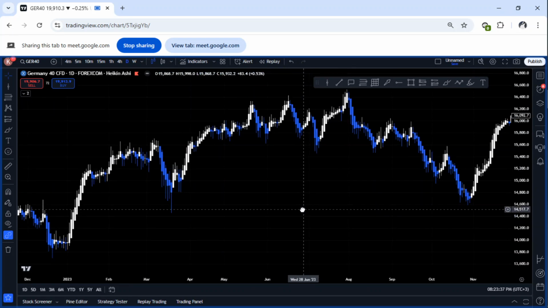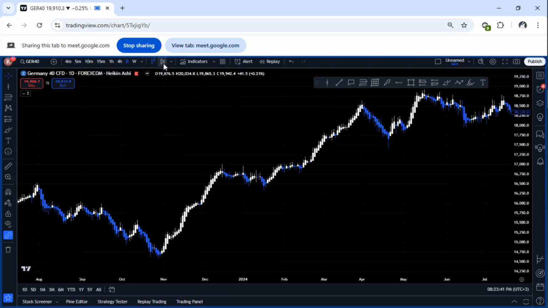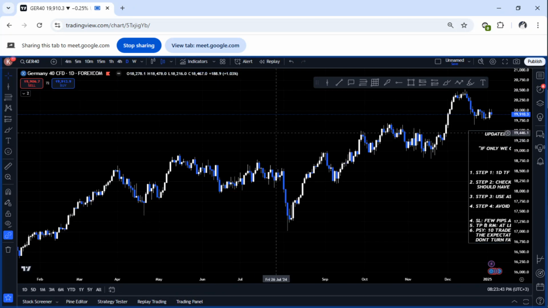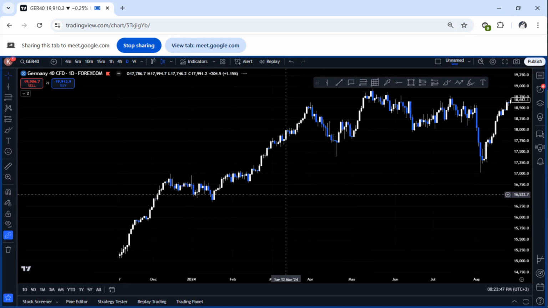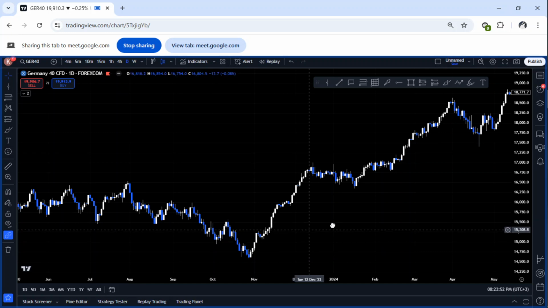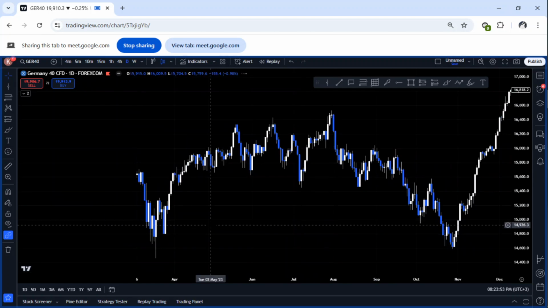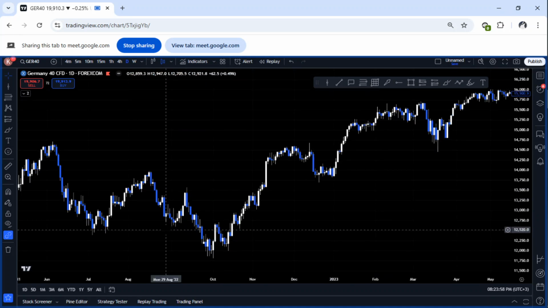If it's going down, it's going down. So you can capitalize on the move compared to the normal candle. This is the normal candlesticks, and then you have the Heikin Ashi candlesticks. So start using Heikin Ashi candlesticks so that you avoid trouble and confusion.